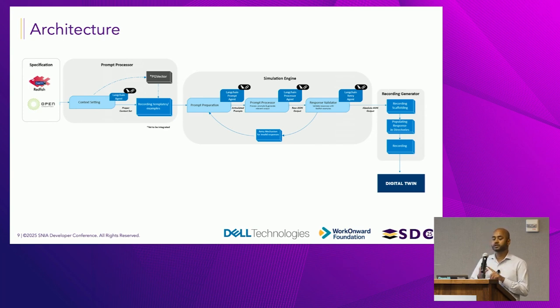Here are three main components: the prompt processor, the simulation engine, and the recording generator. Whatever devices are recorded as per the directory and the specification will then be used for the digital twin.